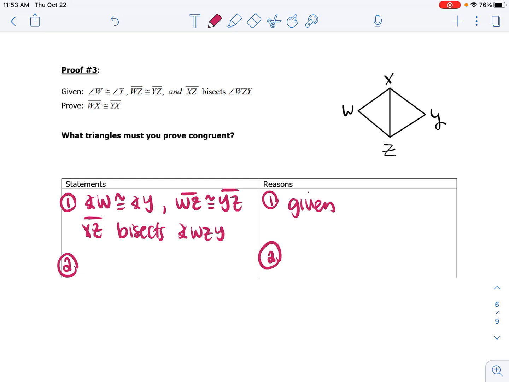So ask yourself, which triangles must be congruent? Okay, so you should have finished this proof by now, and let's see how you did.